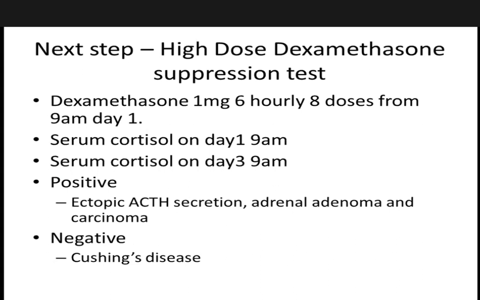This is because when you give a higher dose of dexamethasone, even though there is a problem with the pituitary gland and it is secreting an excessive amount of ACTH, due to the negative feedback effect, that can be suppressed to a certain extent. Right? So because of that, in Cushing's disease, the patient will have a suppressed result on the high dose dexamethasone suppression test.